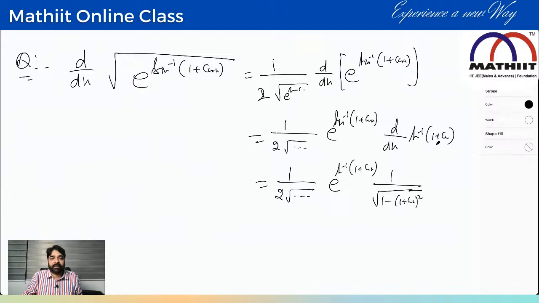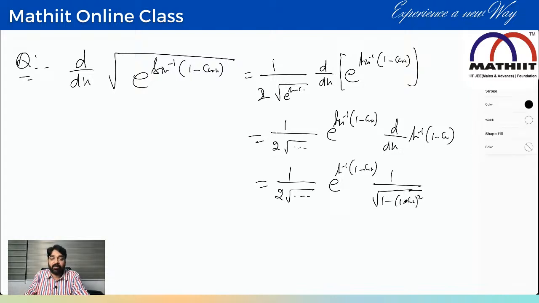Be clear, I have given the question the wrong way. I should not have given you this question, because the domain will not be defined. So please change this question on the slide, otherwise at a later stage some people will cry, sir, you did a blunder. My purpose is just to tell you how to do the chain rule, not the domain. It should be 1 minus cos x.